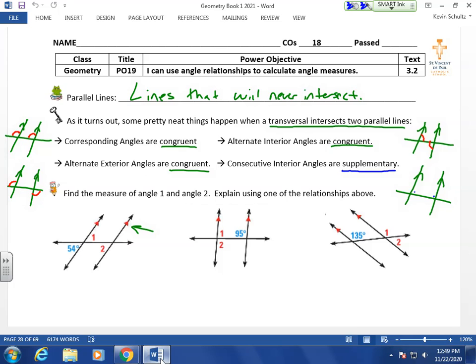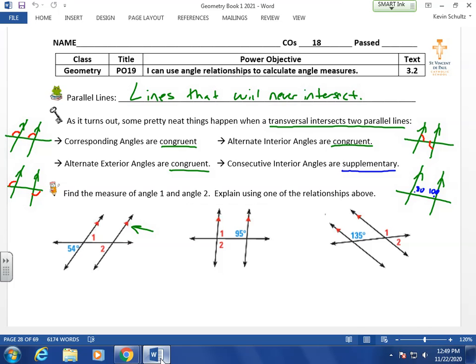Hi there, buddy. They're on the same side of the transversal, on the interior, inside of our lines being intersected. If this was, for example, 80 degrees, this one would be 100 degrees. They sum to 180. That's the only relationship here that we're going to talk about that does not involve congruent angles.